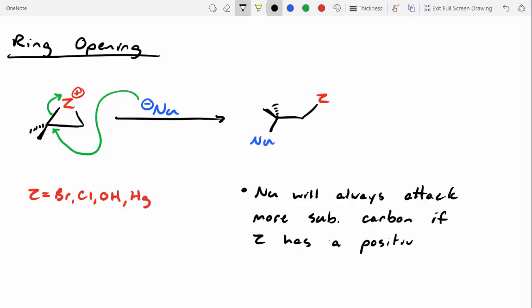We're going to cover that when we get into our ether chapter and talk about epoxides, because if we don't have a positively charged member in the ring, we actually get a different stereochemical outcome. So this is a big if. But in this chapter, we always see that Z with a positive charge. The other thing to remember is that we invert stereochemistry, or stereocenter, at the attacked carbon.